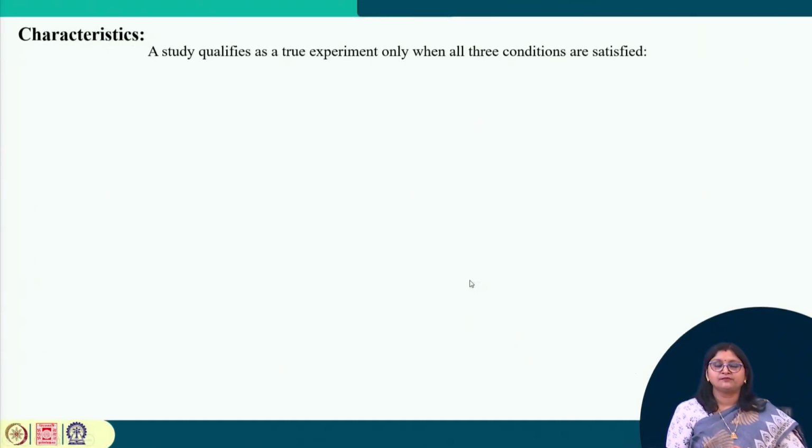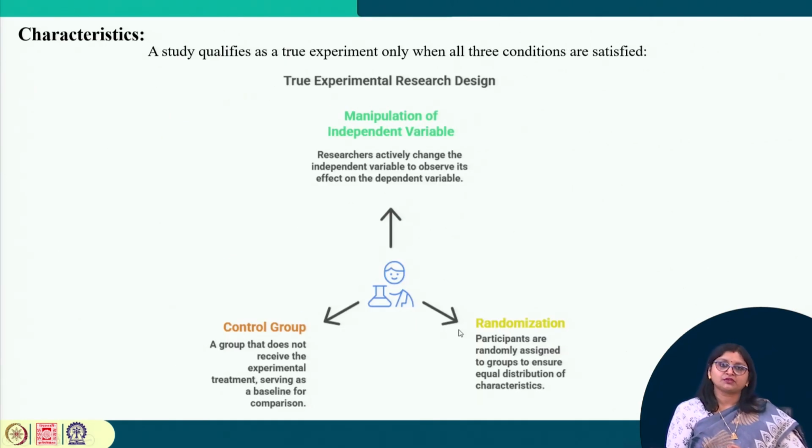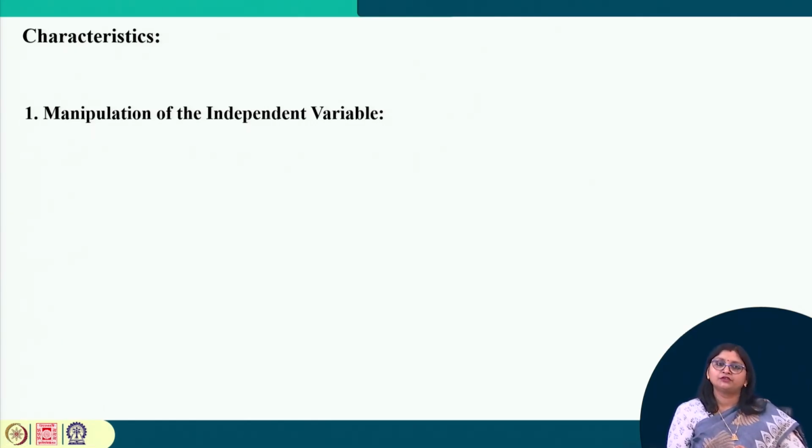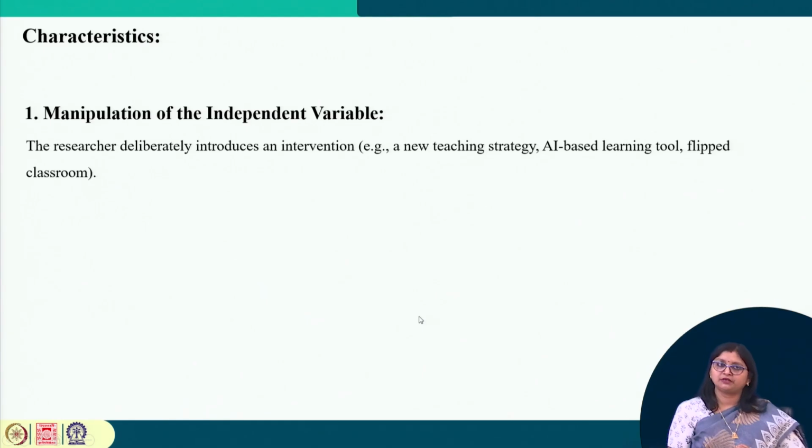The characteristics of true experimental design are manipulation of the independent variable, randomization and the control group. Let us go through them one by one, and with the help of this we can decide the characteristics of this true experimental design.